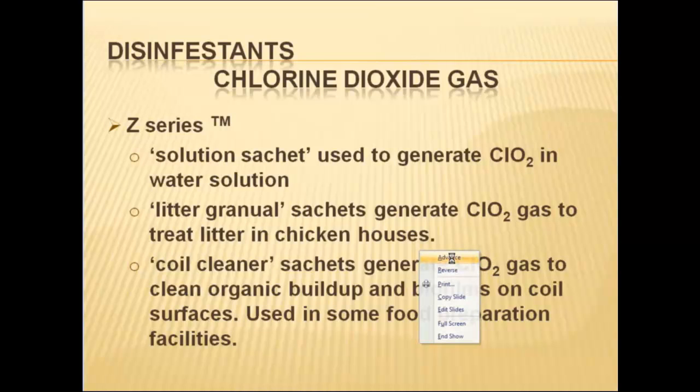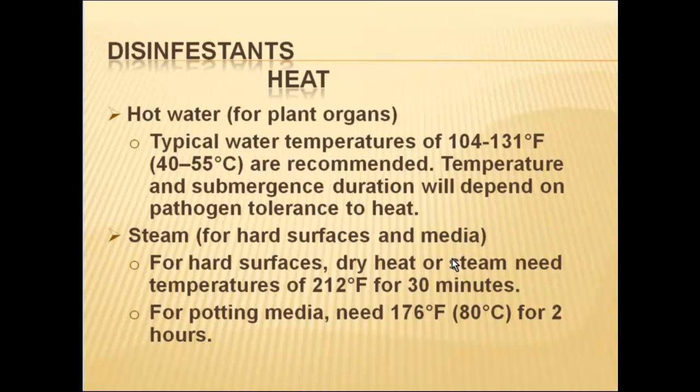refrigerator units. Of course, there's the old standby of heat. Heat has been used for a lot of years. As a matter of fact, it was used more in the past than it's probably being used now. Hot water is more for treating plant organs such as corms, tubers, seeds.